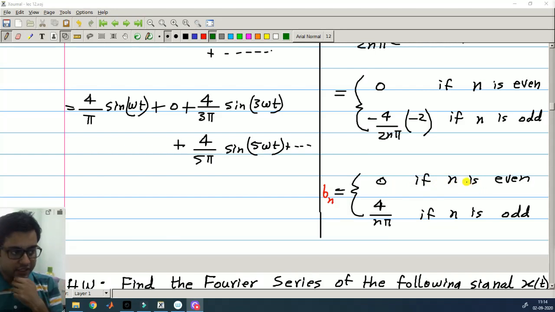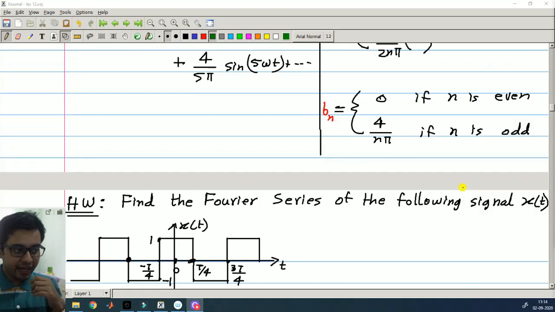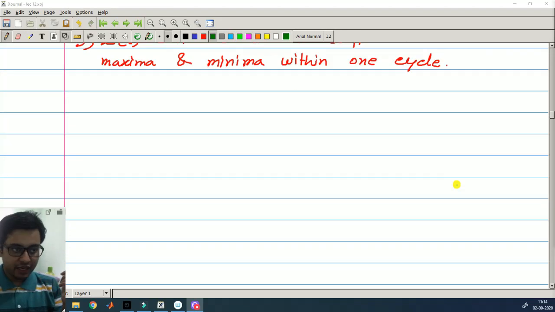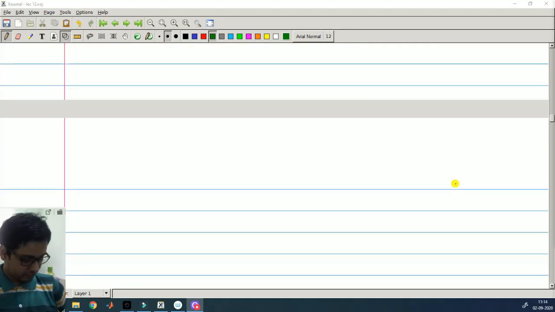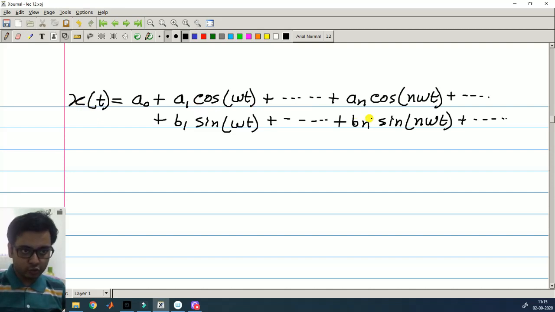In fact, such situations arise quite often. Let us see that. So this is how we write a periodic signal as a sum of cosine and sine signals.